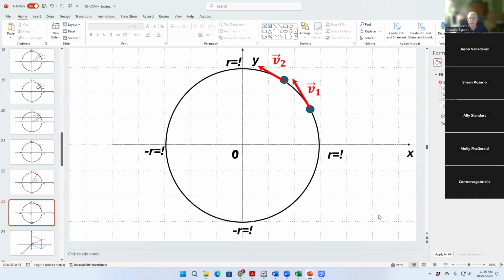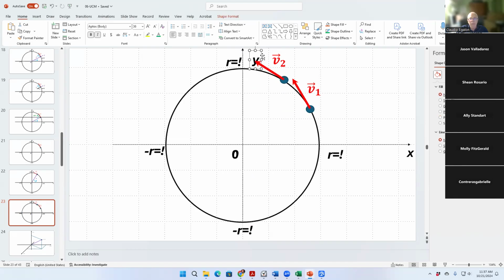Very important. It doesn't look like it, but let's see. I want to ensure that I have everything drawn properly here. I'm going to rotate it. Okay. I want to make sure that V1 and V2 have exactly the same magnitude.